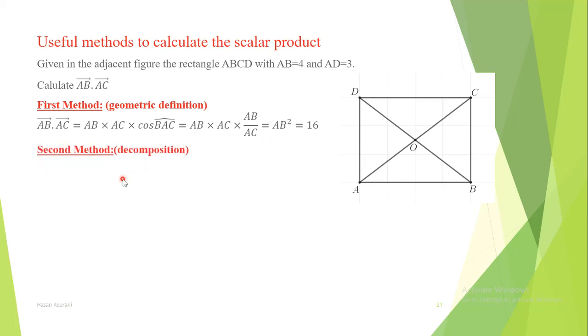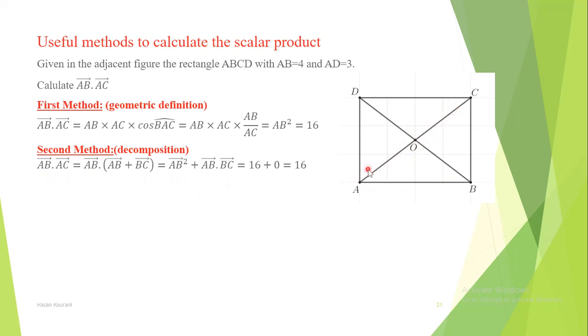Second method, which is a very important method, which we call decomposition. As you know, decomposing a vector means writing a vector as a sum of two vectors or three vectors or whatever. Let's see how to use decomposition to calculate the scalar product. AB.AC, we have a horizontal vector and an oblique vector.